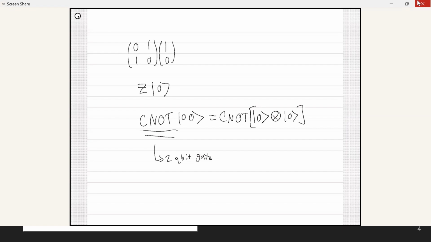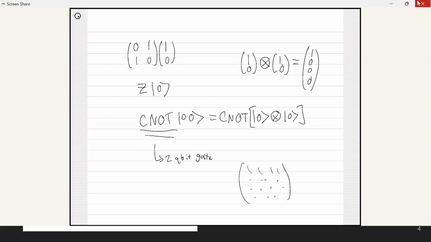So I think to answer your question in a succinct way, you can take this vector for 1 qubit and you can do the tensor product with another qubit to make a higher dimensional vector, which would be compatible with this C NOT, which is 4 by 4.